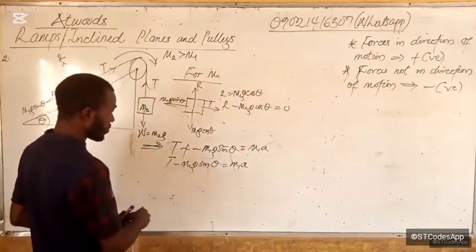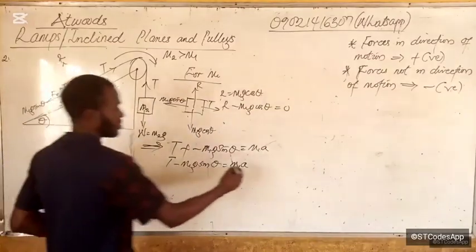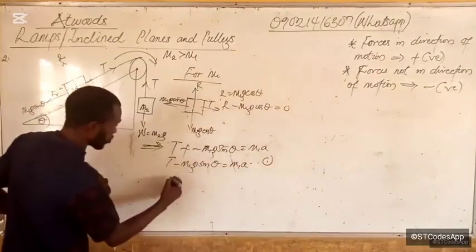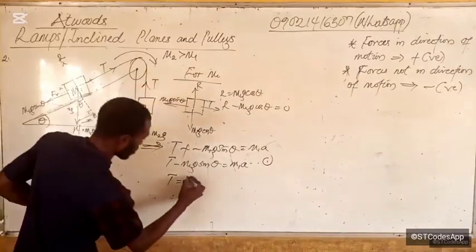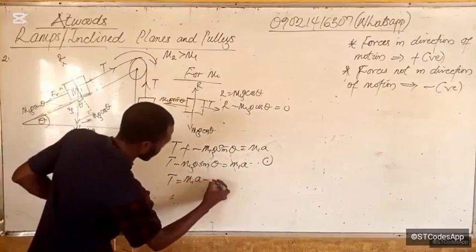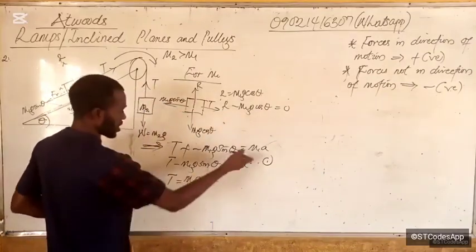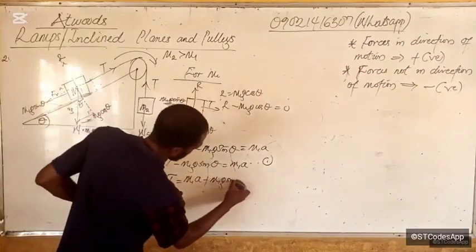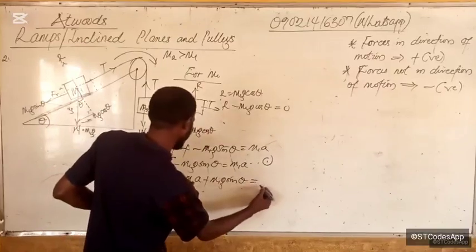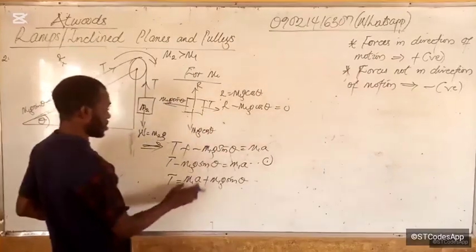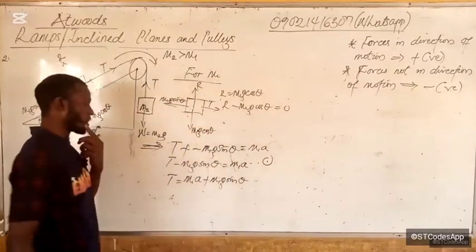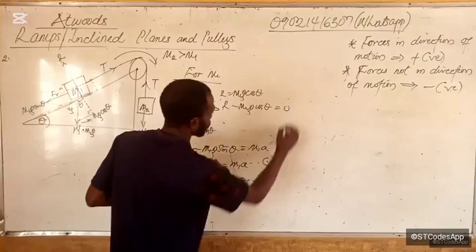So that's that. Let's call this equation 1. We can make it equation 2 from here for tension. If tension is not given in the question, T equals M1a plus, when this guy goes there, plus M1g sine theta. So let's call this equation 2.